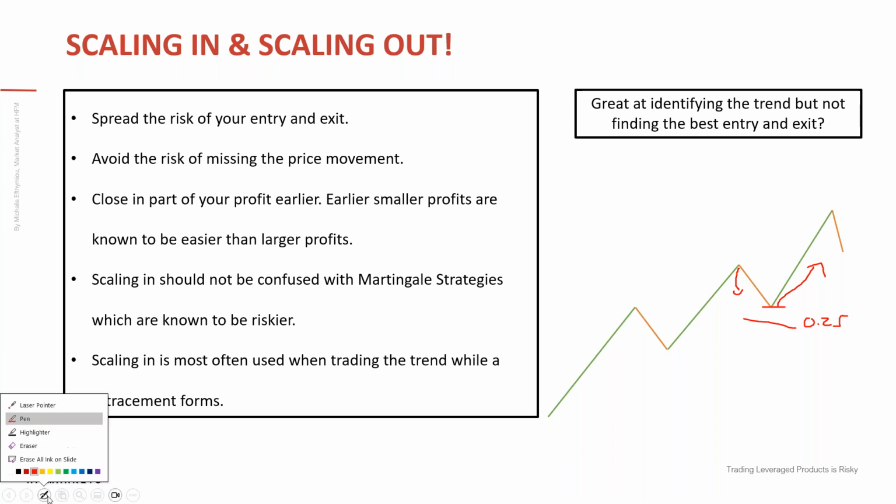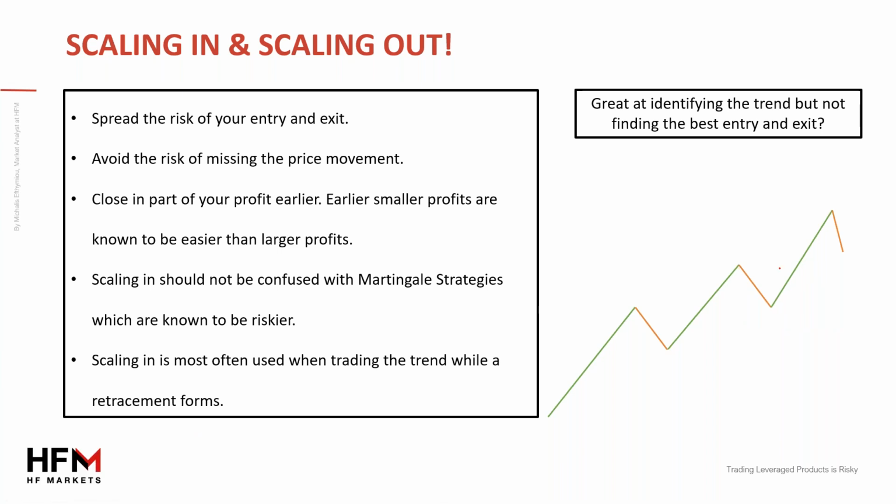Whereas instead, if you look to scale in, you could say to yourself, if we measure price movement, the smallest retracement is here, the average is here, and the largest is here. So I'm going to open a pending order for here, and a pending order for here and here. Even though it didn't decline to here and didn't decline to here, I've still managed to enter a trade.